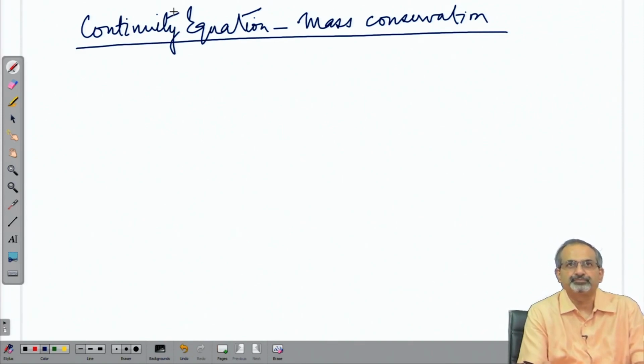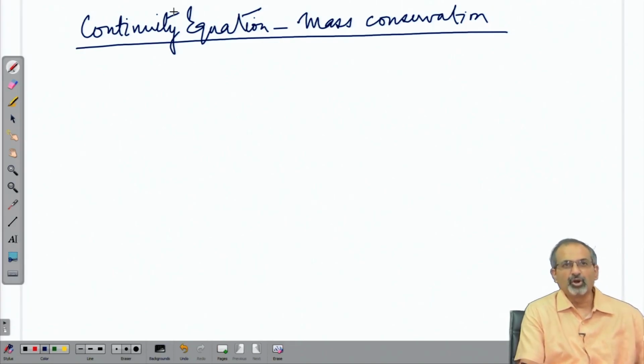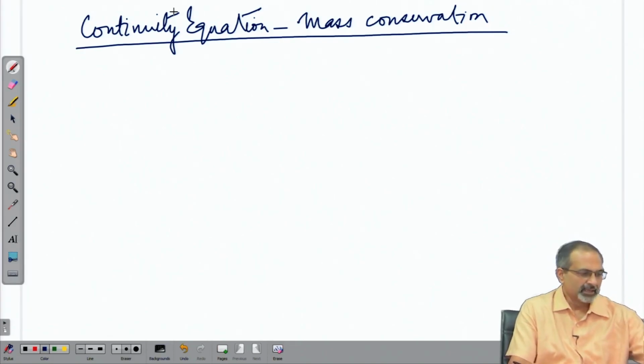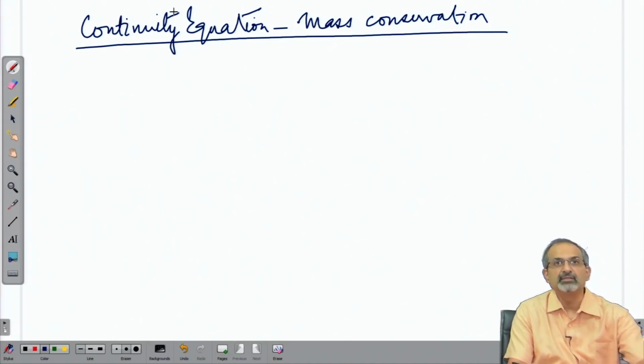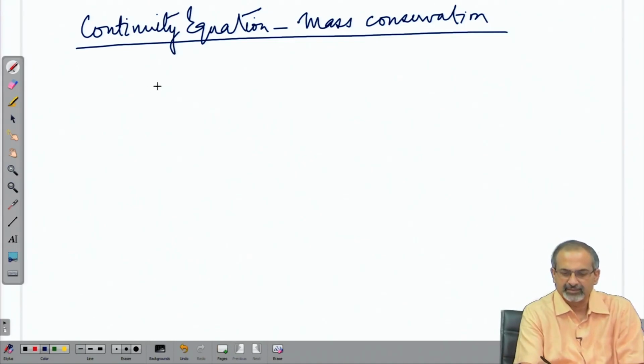Continuity equation. So, you may recall that we started by defining a control volume, a fixed control volume in space of finite extent.